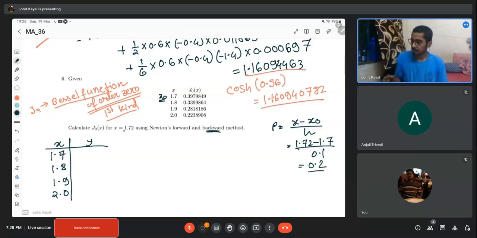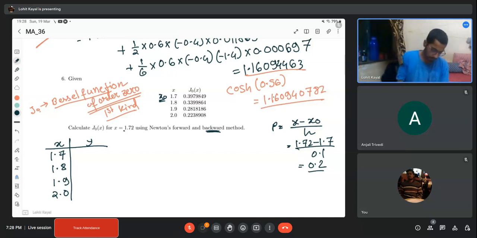Now I can construct the difference table.